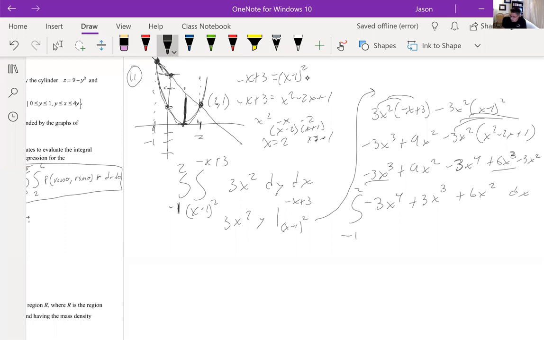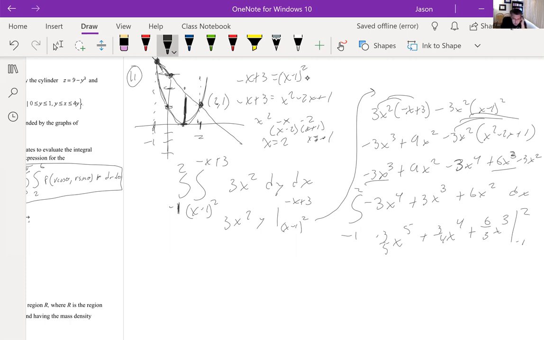So this just becomes a pretty easy integration problem at this point. This is negative 3/5 x to the fifth plus 3/4 x to the fourth plus 6/3 x cubed from negative 1 to 2.